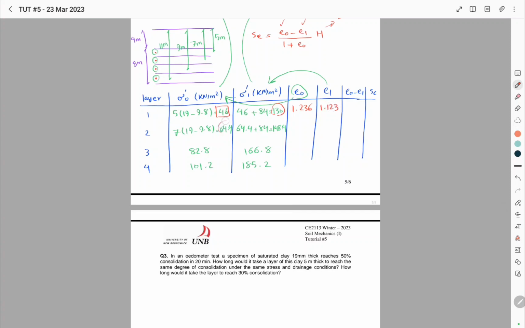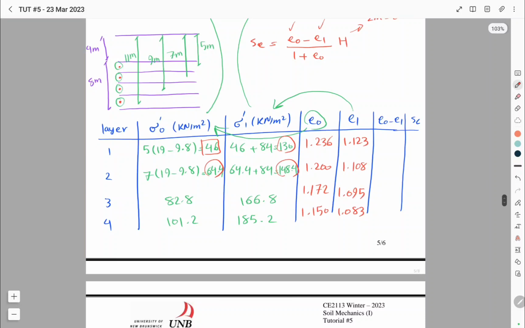And for the other values, we use the same concept. I'm just going to write the values. So this is 200, 1.108, 1.172, 1.095, 1.150, 1.083.